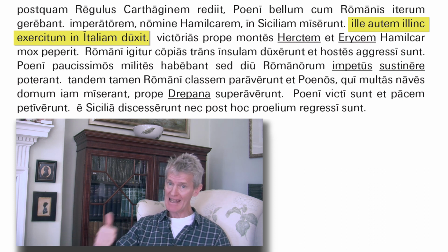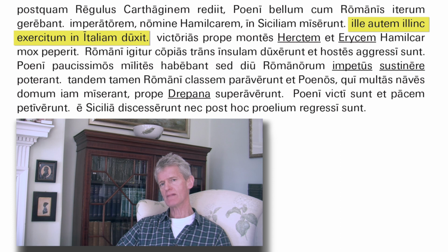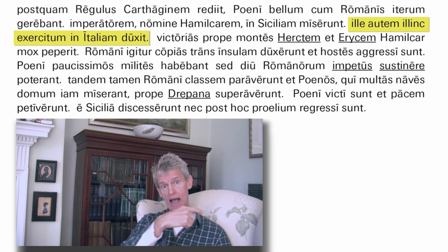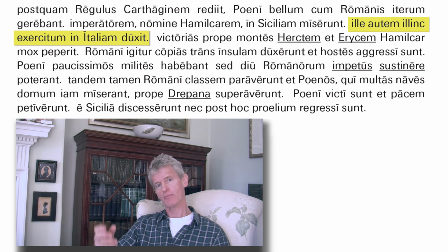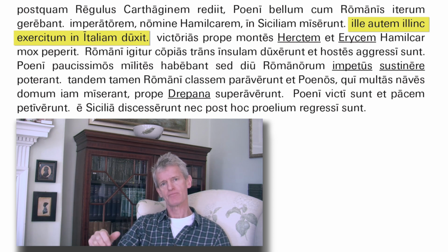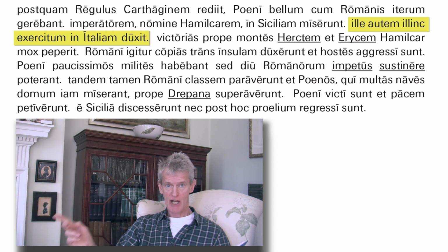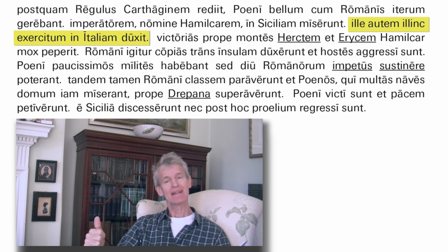So, ille, he. Now this is he, the person we've just been talking about, which was Hamilcar. We've picked him up and we've given him this pronoun, ille. He, down to the verb, duxit, led, exercitum, an army.